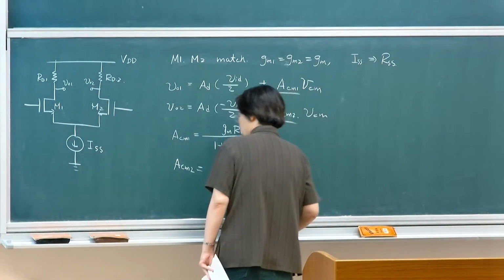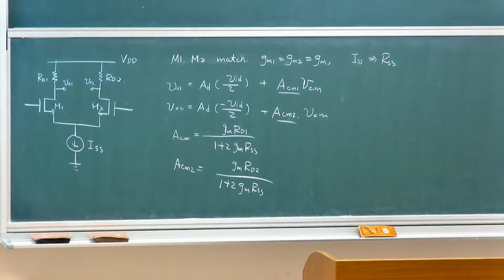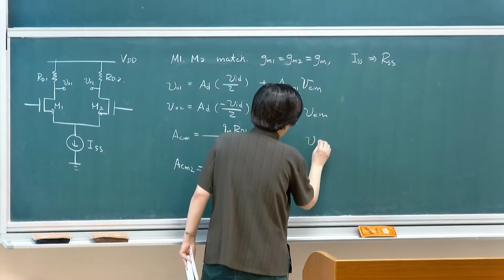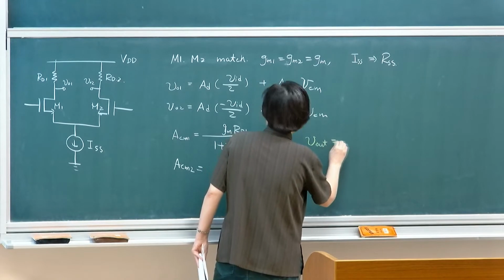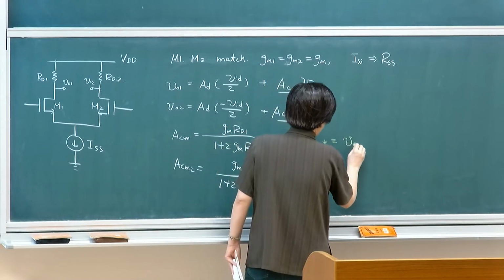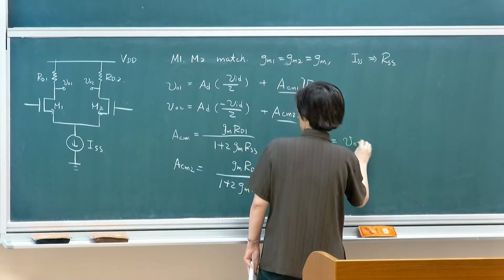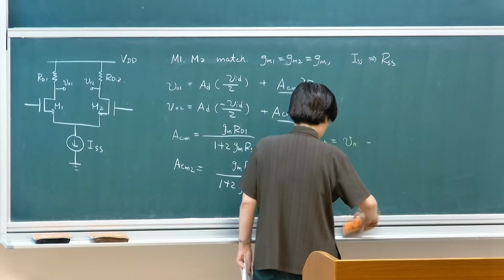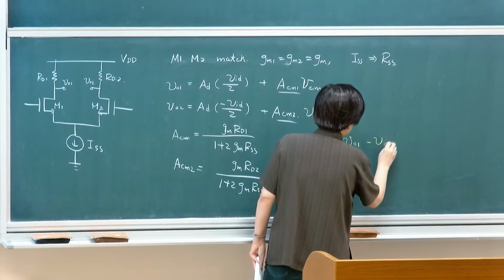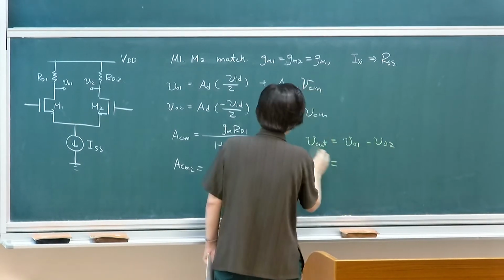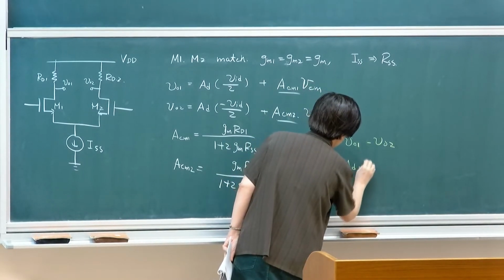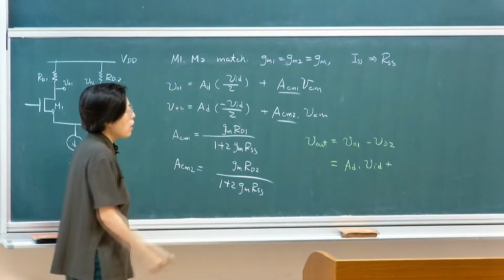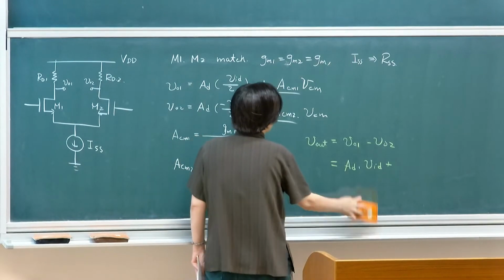So if I'm looking at my differential output, as we discussed before, Vout equals VO1 minus VO2. This will give me AD times VID. That's the differential component. So what is left in the common mode component?